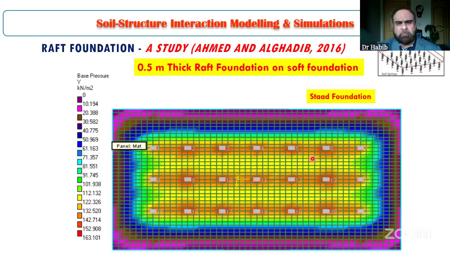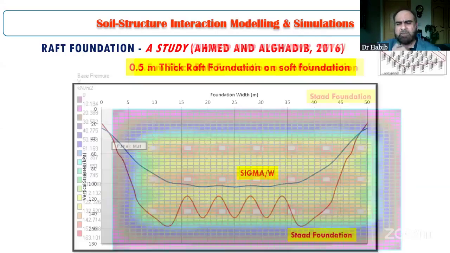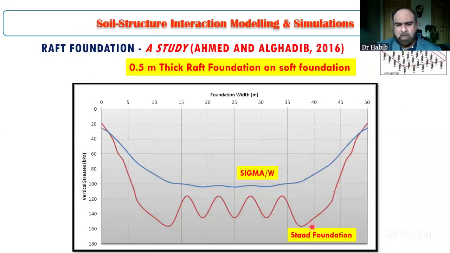We can see here the base pressure result from the STAAD Foundation software. It's a 0.5 meter thick raft foundation on soft soil. You can notice that because of the discrete spring effect, we have a concentration of stresses over there. Now, if I compare the section along this red line, this is the STAAD Foundation result versus Sigma W, which is basically a 2D version of finite element.